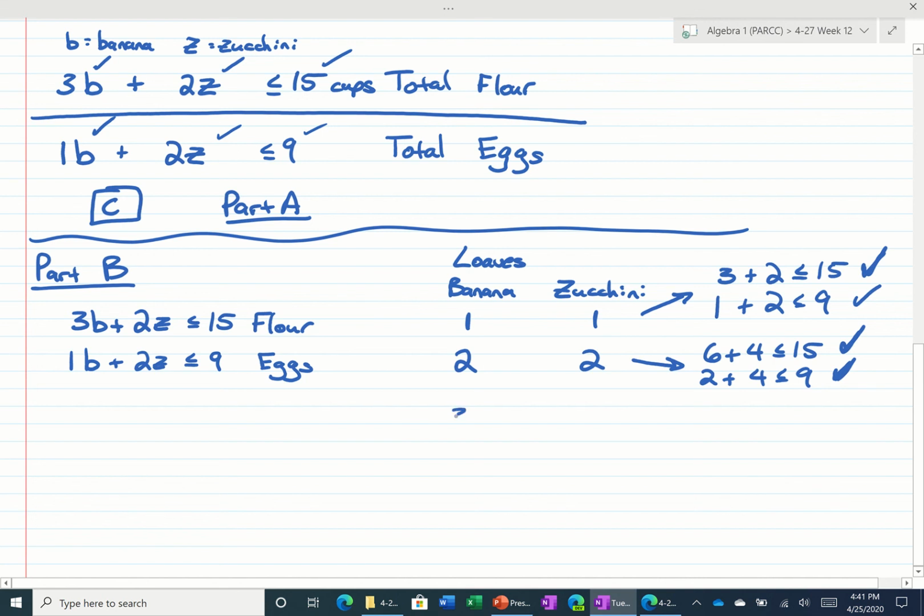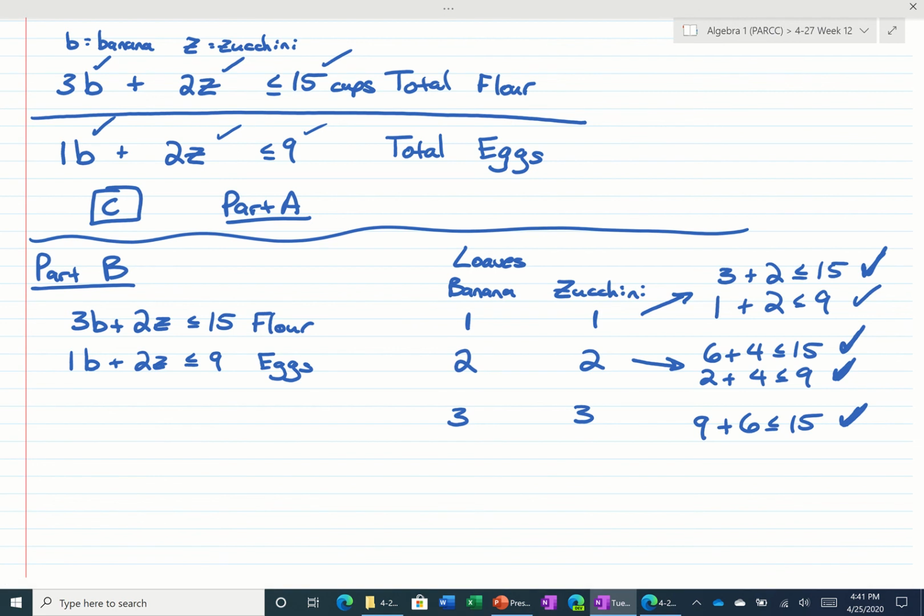What about if I use 3 loaves of banana bread and 3 of zucchini? Okay, so the first inequality, if we plug in 3, we get 9 plus 6 is less than or equal to 15. That's true. We just came in under the maximum over there. Right, 15 is less than or equal to 15, so that's still good.